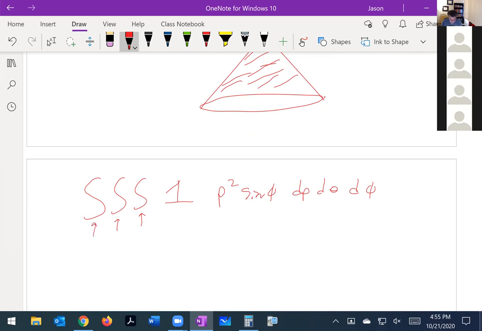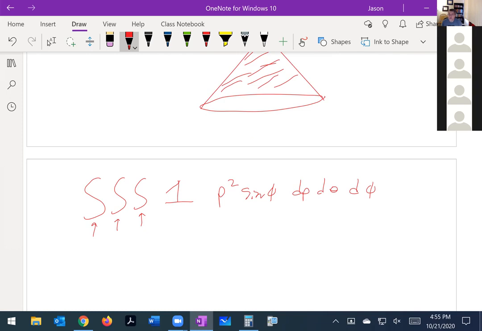Is the triple integration of 1 the volume of the entire sphere? Or what exactly does that represent here? This just represents volume in 3 dimensions.